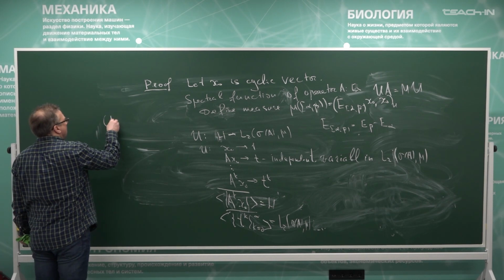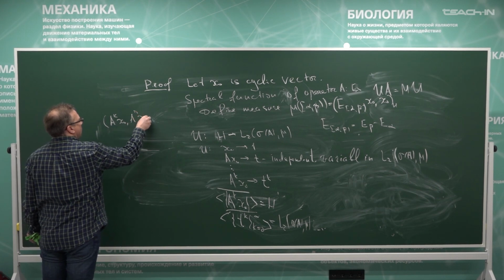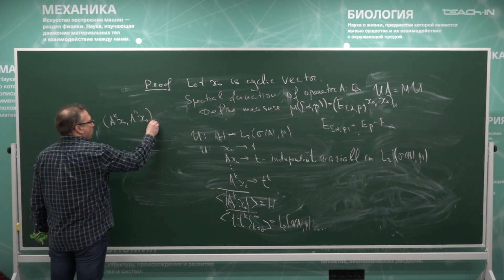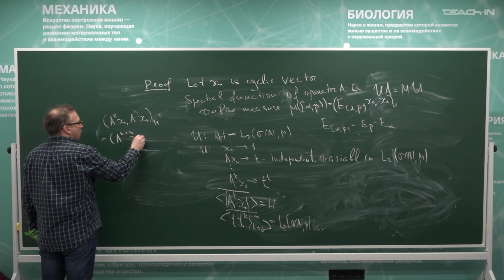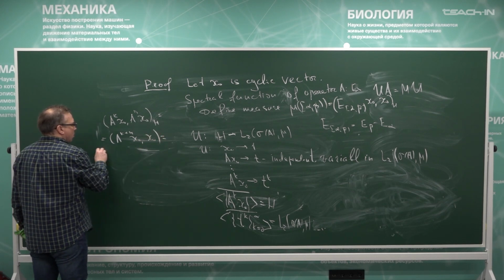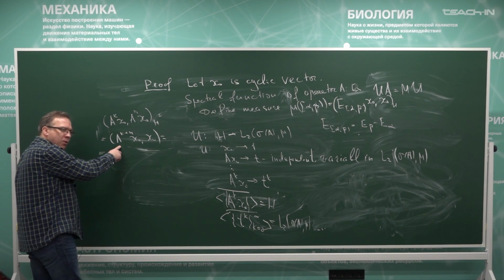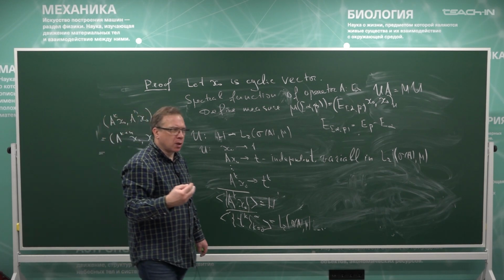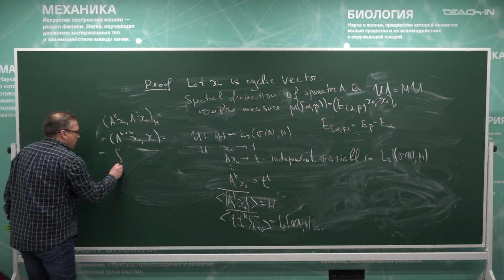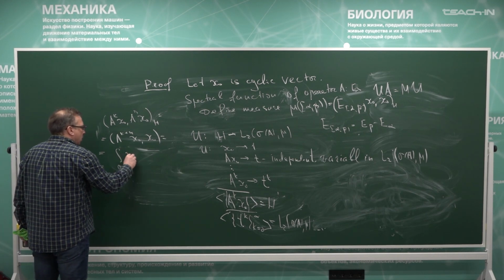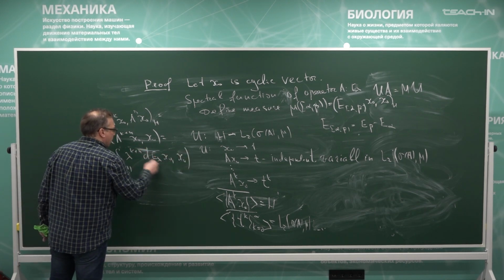So let's consider this scalar product in H. We have an integral representation of operator A, which we obtained on the previous lecture, yes? So we know that this is an integral on the spectrum of lambda^(k+n) d(E lambda x0, x0).